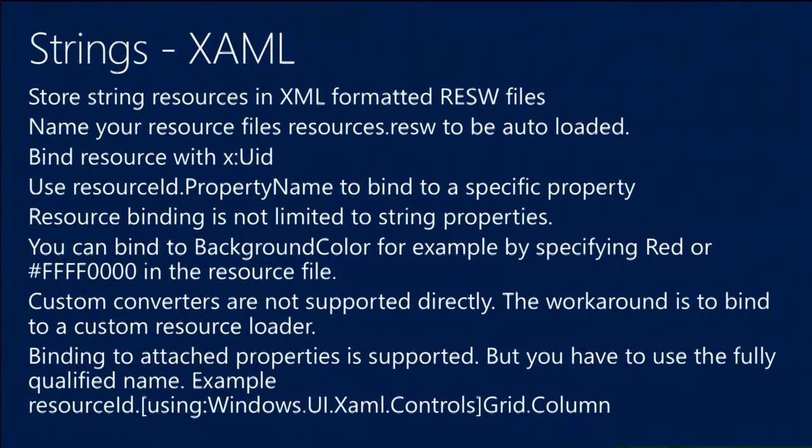How you do that in your control: you name an attribute x:Uid and give it the resource ID. And in your resource files, you put the resource ID, dot, the property name. So if you need to bind the text, you can use Hello.Text. Hello is the resource ID, text is the property name, and you can do the binding this way. So in the control itself, you will get only the Uid. All the other information will be put in the resource file.